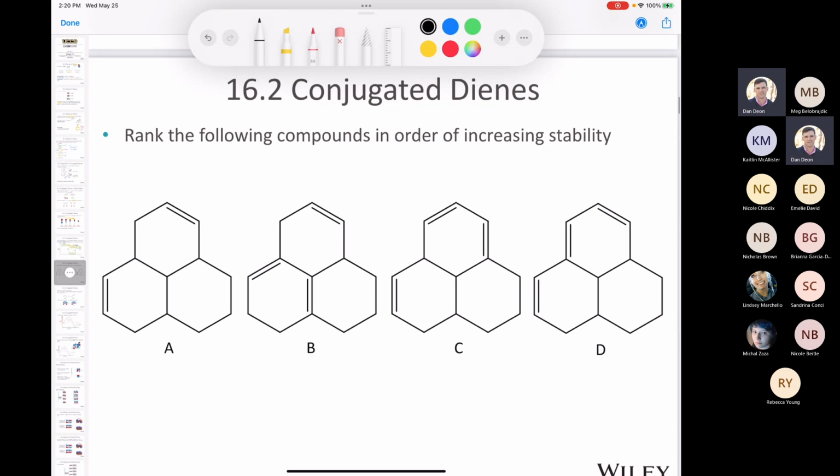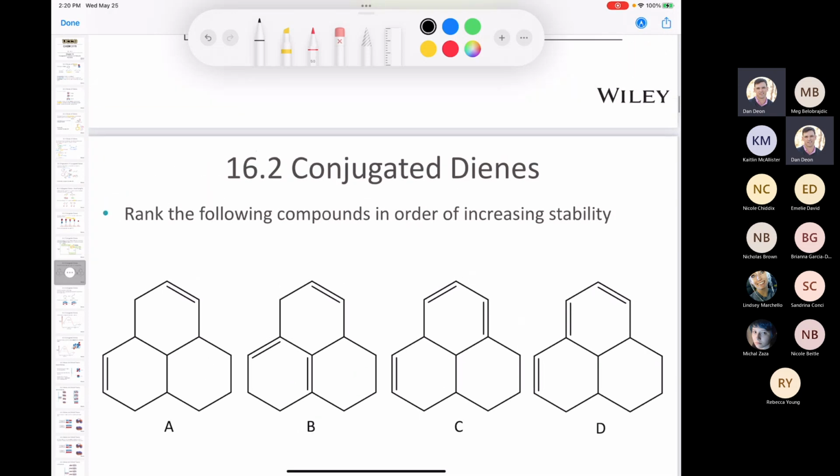And I just want to remind you of something that we saw way back in the alkenes chapter: as you go from ethylene to a monosubstituted alkene, to a di-substituted alkene, whether it's di-substituted like this or like this, then up to a tri-substituted alkene, up to a tetra-substituted alkene.